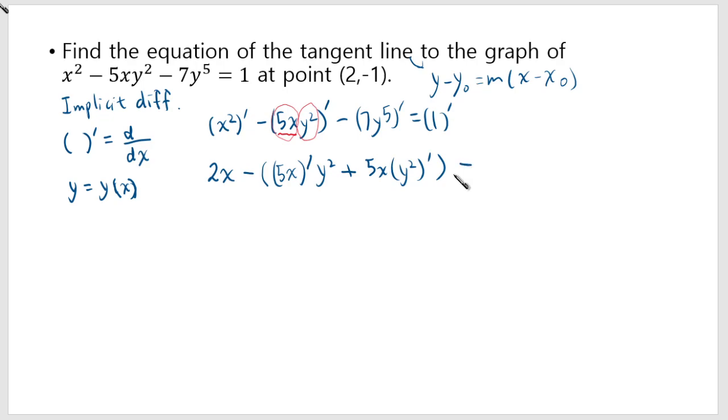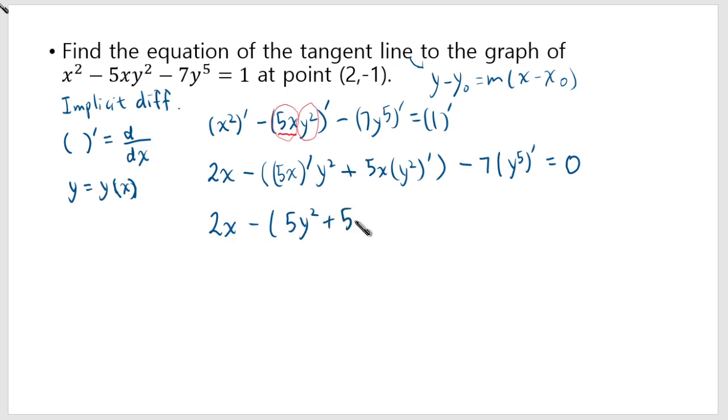And then minus, here is the number 7. 7 is a constant, so I can pull it outside, and I just have to differentiate y to the 5th power. And 1 is a constant, so if you differentiate, that's equal to 0. Okay, let's carry on. 5x prime. x differentiates to 1, so you just get 5.